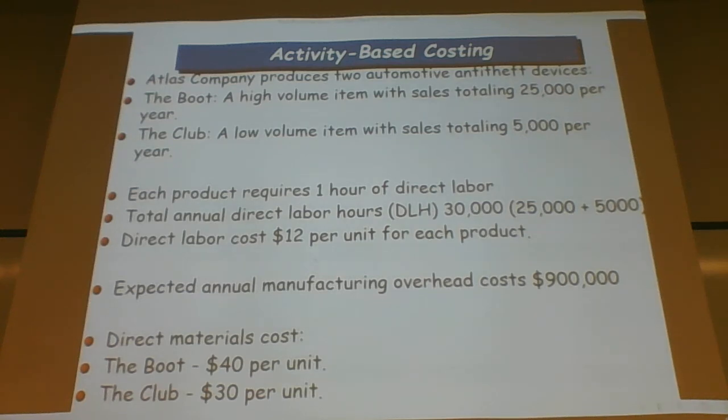Well, that's very easy to calculate. For every unit we make, we're going to have $40 cost for the boot, and we're going to have $30 cost direct materials for the club. This is where our interesting allocation is going to be focused. Why? Because it's dealing with overhead cost. And $900,000 is a lot of money.